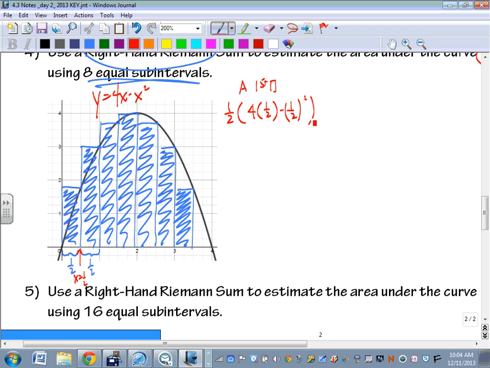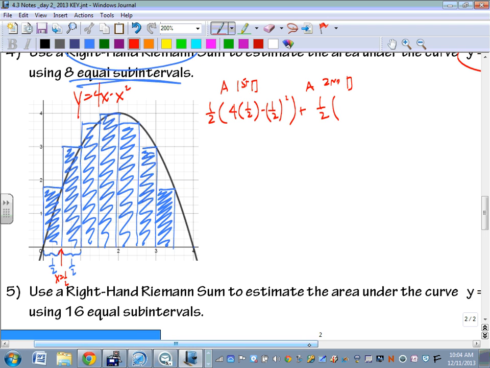Just leave that. If we look at the area of the second rectangle, you're going to have to add that up. The base is still going to be 1/2. But how are we finding the height of this one? What x value are we putting in? 1, right? That finds the height of this second rectangle. So 4 times 1 minus 1 squared.